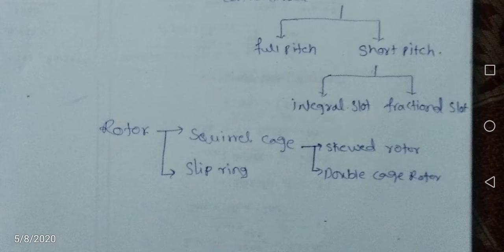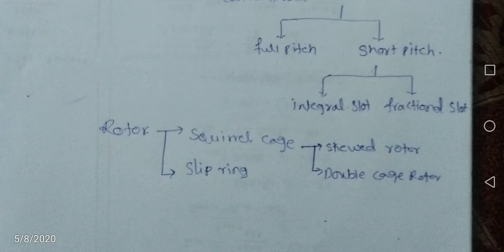To overcome these three problems, we go for skewed rotor and double cage rotor. In the skewed rotor method, the bars are inclined so that the effective length of the resistive copper bar is more, then resistance is more, so the starting current is less, and starting torque and power factor are more.